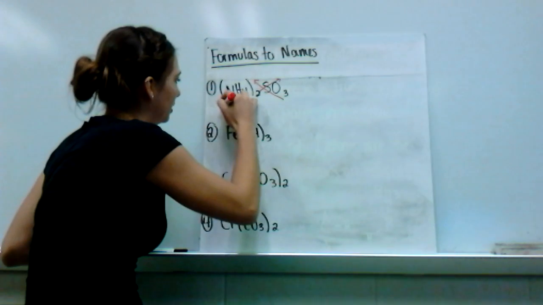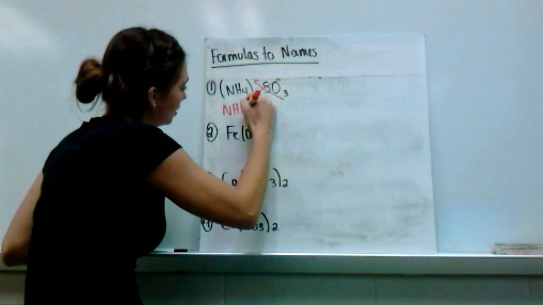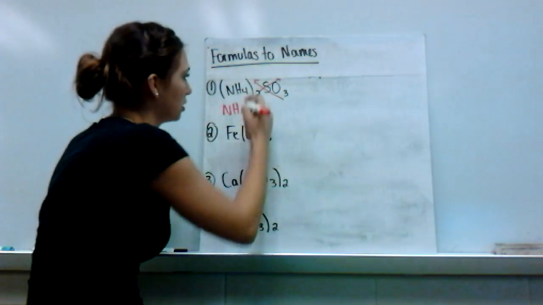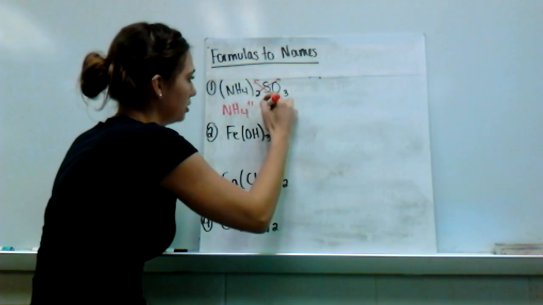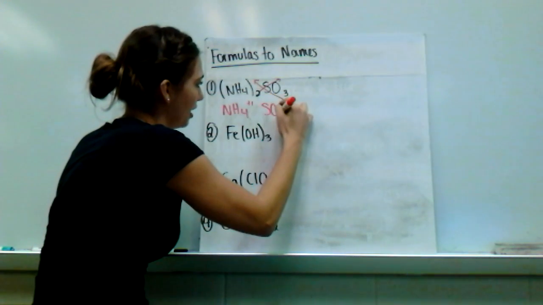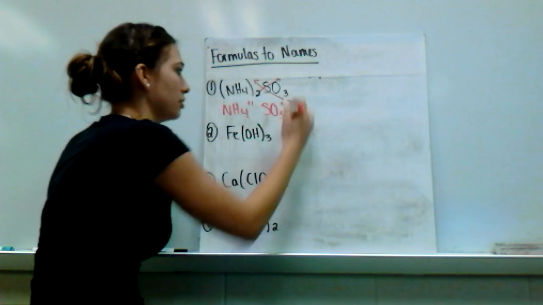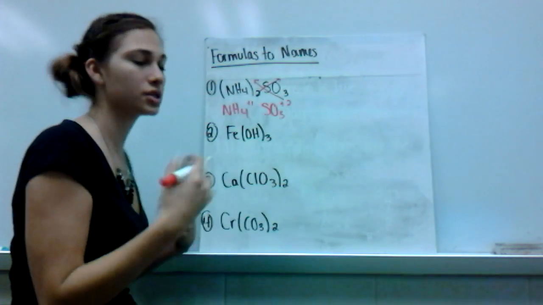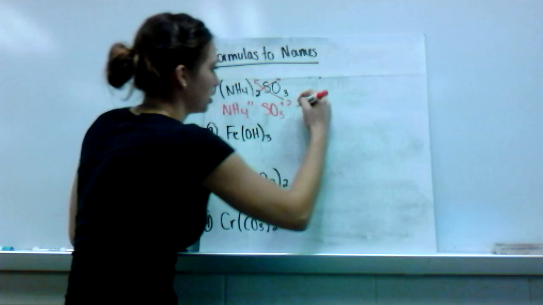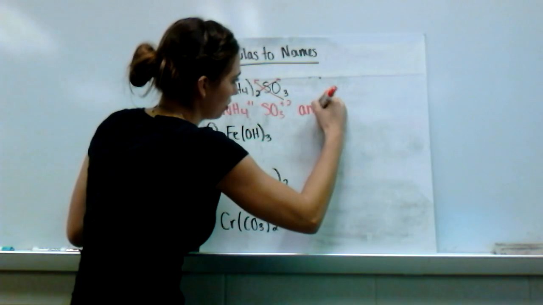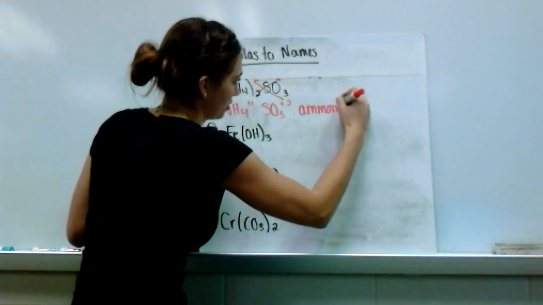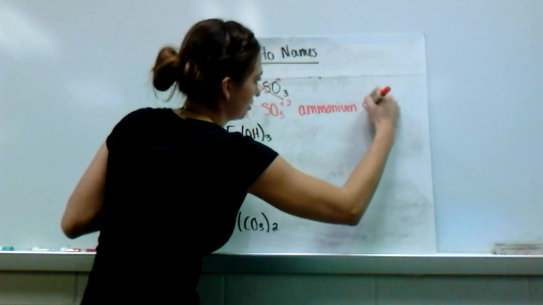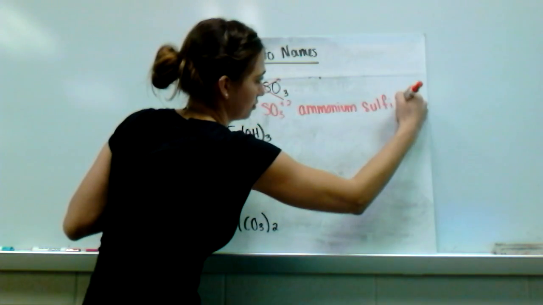So we have NH4 plus 1, and then SO3 minus 2. We have the correct charges, so now we can go ahead and write the name. So this is going to be ammonium sulfite.